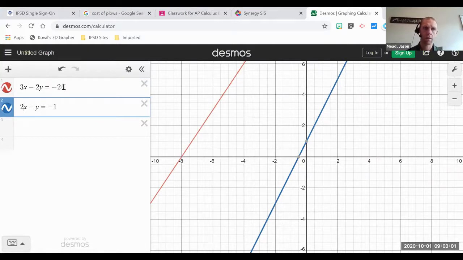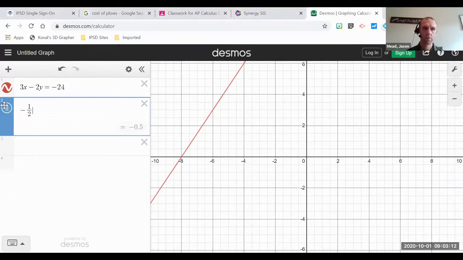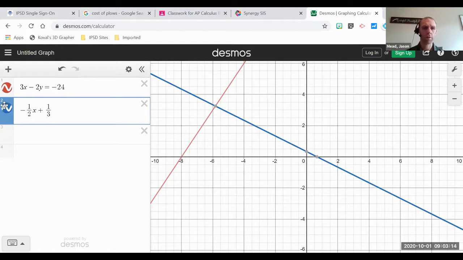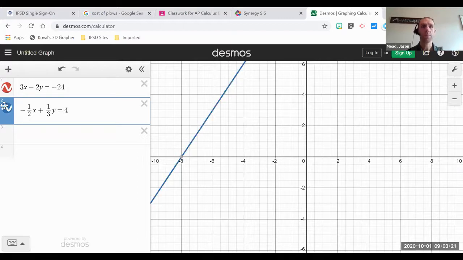And negative 1/2 x plus 1/3 y equals 4. So notice what happens. They are on the same line. So they're actually exactly the same line.